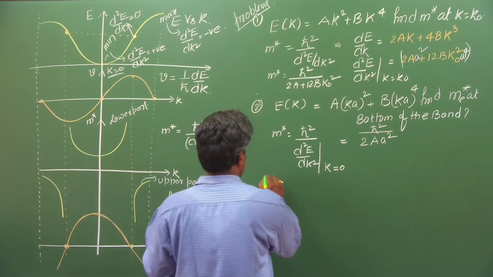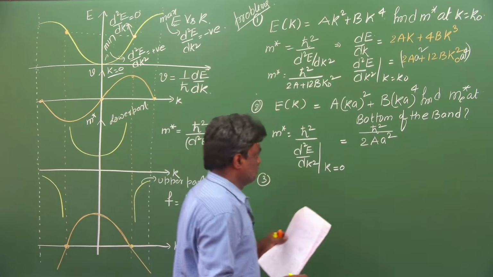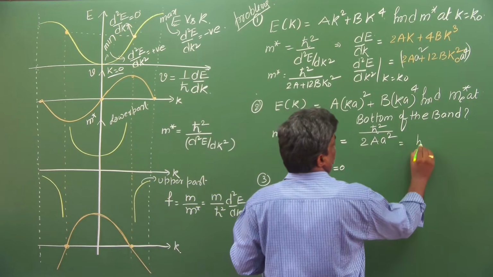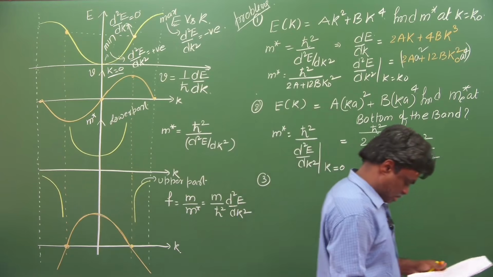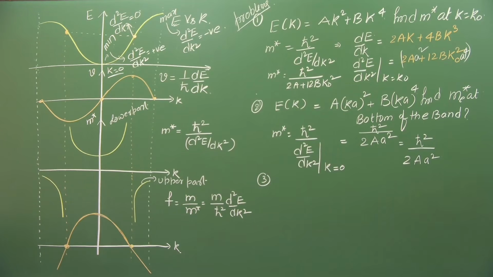Next, third one, CSIR. Near the bottom of the band, always you have to take k equal to 0. This is December 2013.